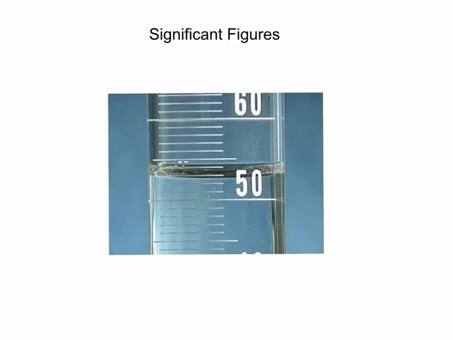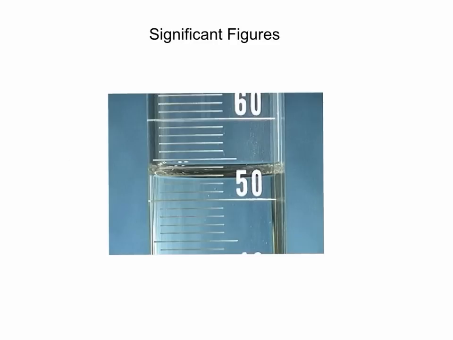So we want to figure out what the volume is of this liquid. So we'll see, well, we have 50 milliliters, and this would be 51, 52, 53, 54, and if we're measuring to the bottom of the meniscus, which is actually right here in this case, it is just under 53 milliliters.